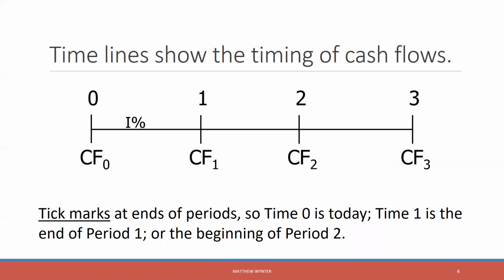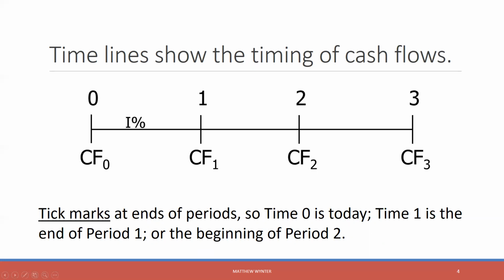We've got a timeline showing the timing of cash flows. Period 0, T0, is today. So here we are, in time period 0. Now, in between time period 0 and period 1, this could be a year, this could be a quarter. Between today and tomorrow, T0 and T+1, there's going to be some interest rate, some discount rate, some way for us to discount those cash flows.